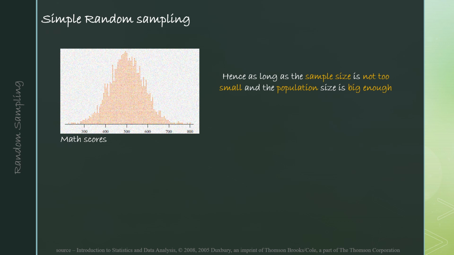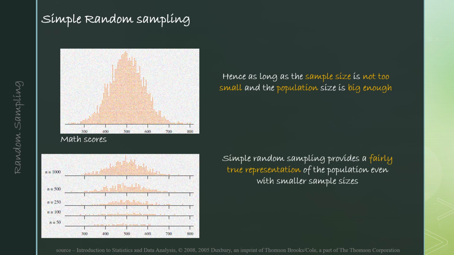Hence, as long as the sample size is not too small and the population size is big enough, simple random sampling provides a fairly true representation of the population even with smaller sample sizes. Note, the illustration here excludes the possible non-representative sample cases discussed a while ago.